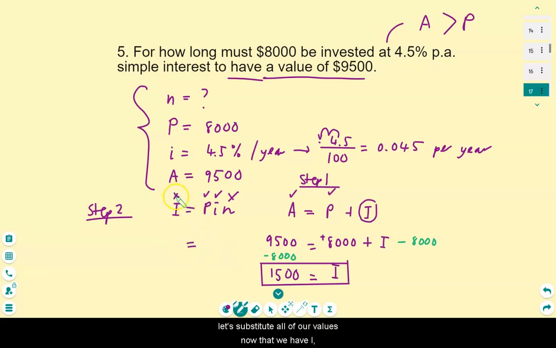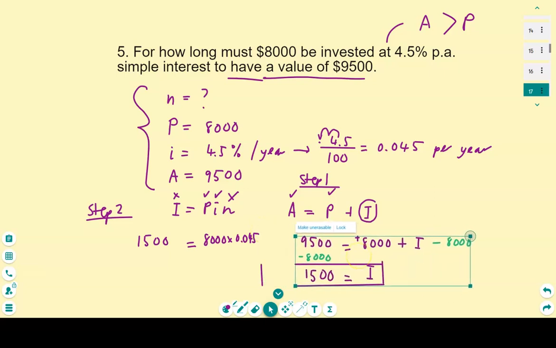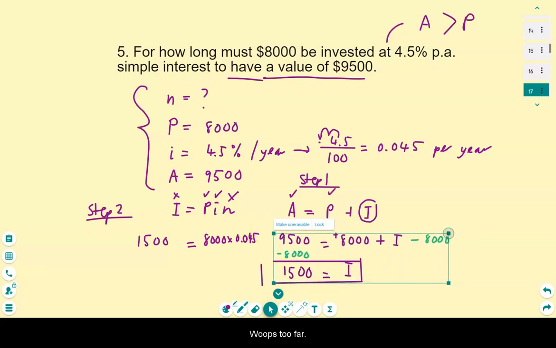Now that we have I, let's substitute in I from our box thing. So 8,000 is P. I is our decimal. Don't forget that. Oh no, I'm running out of space. Let's move that over. Whoops, too far.